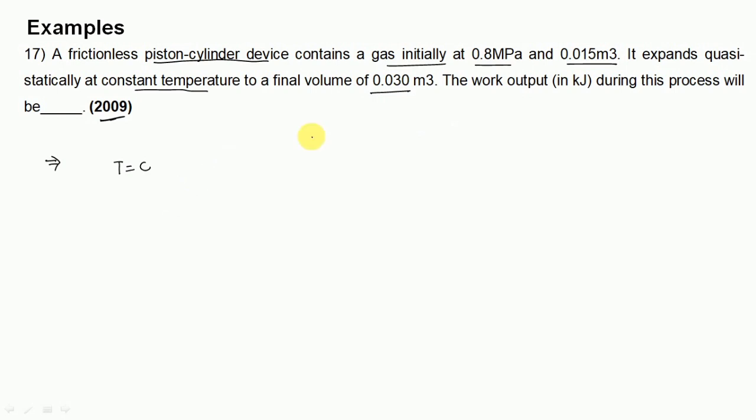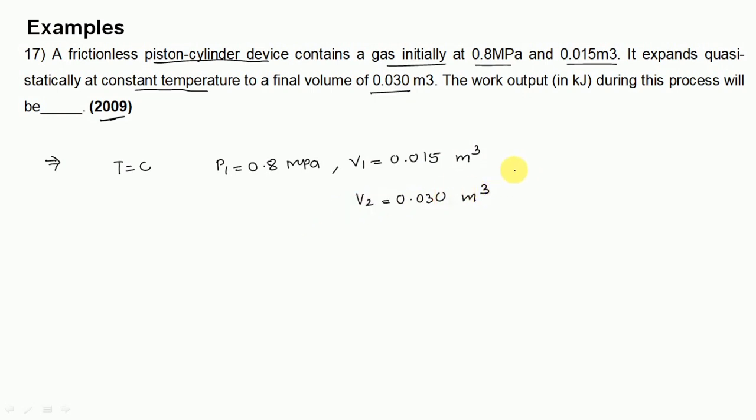So let's write down the given data. Pressure P1 is given and it is 0.8 megapascal. Volume V1 is given and it is 0.015 meter cube. Volume V2 is given and it is 0.030 meter cube.